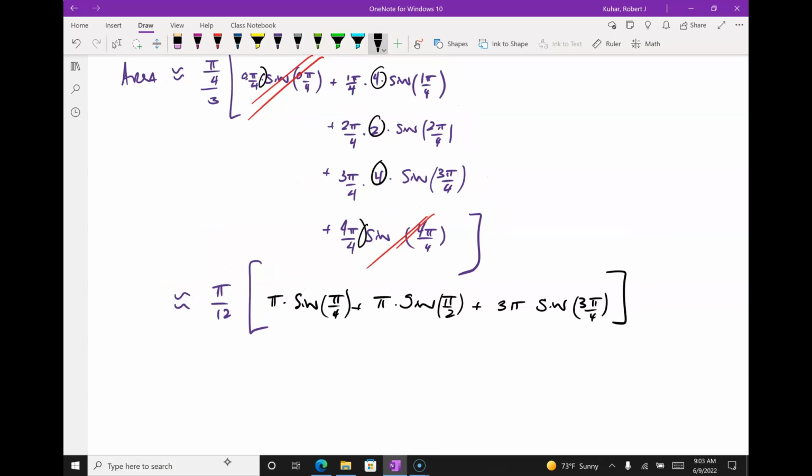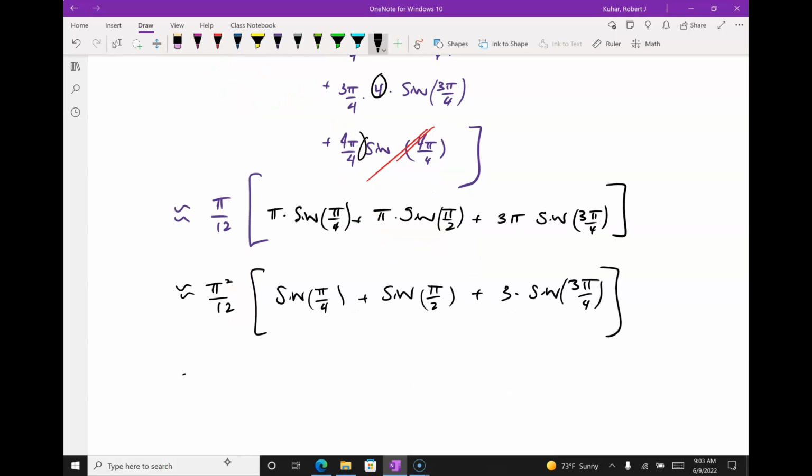Good, I definitely can factor out a pi, right? And then I'll see if I can just, well, I want to rewrite. I don't want to do anything tricky. Right, so sine of pi over 4, I know. If I don't, I look at my circle. Square root of 2 over 2. Sine of pi over 2 is 1.